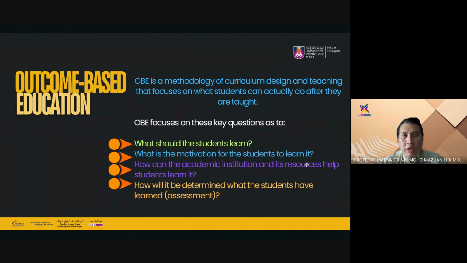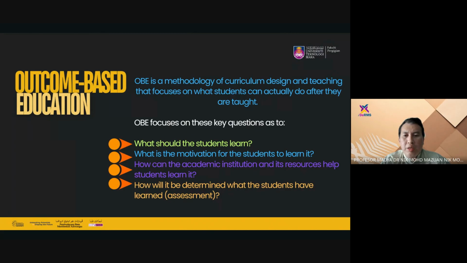We need to think about what the student should learn and what is the motivation for the student to learn it. In this concept, instead of telling them the theory, we throw them questions. That is the motivation for them to find out the answers.